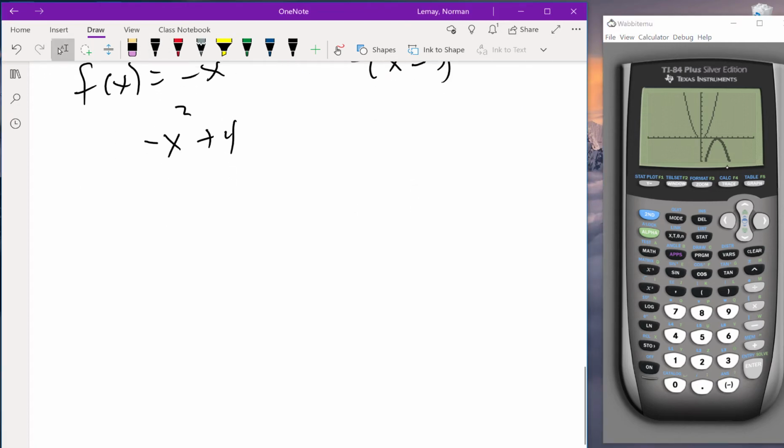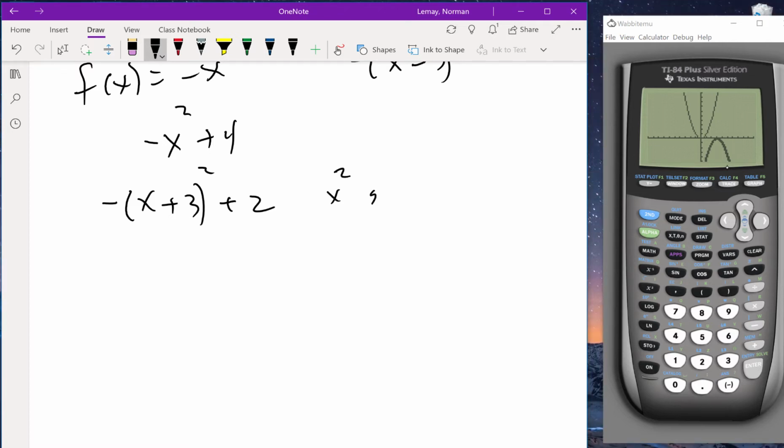So what do you think is going to happen when we take a look at minus x plus 3 squared plus 2? Let's notice that this is going to shift the graph to the left 3 units, and this one is going to shift the graph up 2 units, and then this negative is going to flip the graph upside down. So we're going to take x squared, shift left 3, then up 2, and then flip.